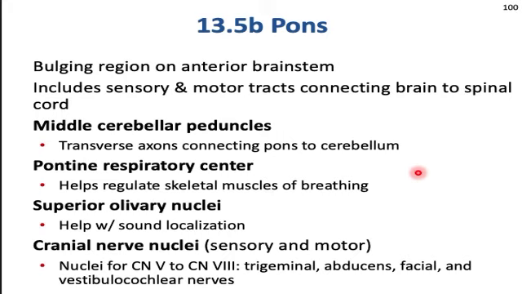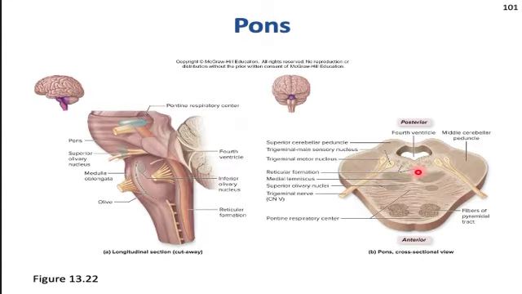The pontine respiratory center regulates the muscles of breathing, along with nuclei in the medulla oblongata, and the superior olivary nuclei help with sound localization. The cranial nerve nuclei found here include cranial nerves 5, 6, 7, and 8, which are the trigeminal, abducens, facial, and vestibulocochlear nerves. And again, we'll talk about what those nerves do in a bit.